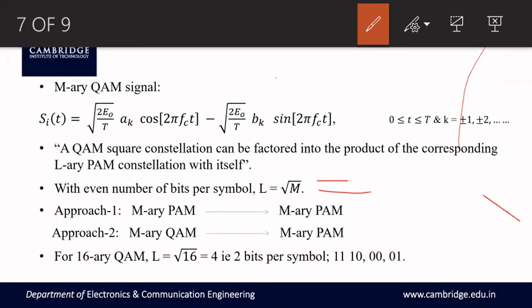So on the horizontal axis, one right side, one left side, positive and negative. On the y-axis, one above and one below. So like that, 4 symbols can be represented. This is how to represent L-ary PAM. But your M-ary QAM can be obtained by multiplying these kinds of L-ary PAM systems. I'll explain this with examples in the coming slide.